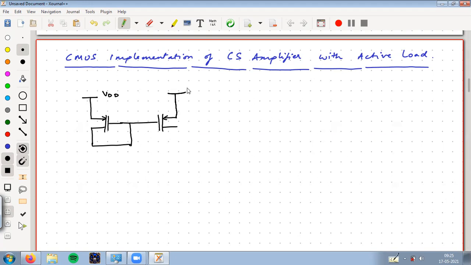This is also VDD. This is an NMOS for which Vi is given. This is V0. This is ground. And here you have Iref. I'll call this transistor Q3, this Q2, and this Q1.